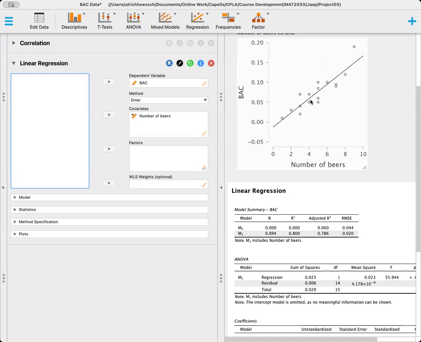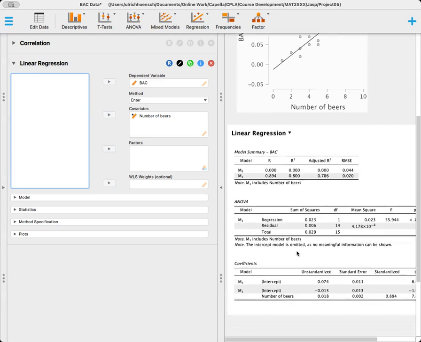You can think of that as an interpretation of the R squared, but you can also think of this as giving us a percentage, in this example 80%, of how well the straight line model fits the data.